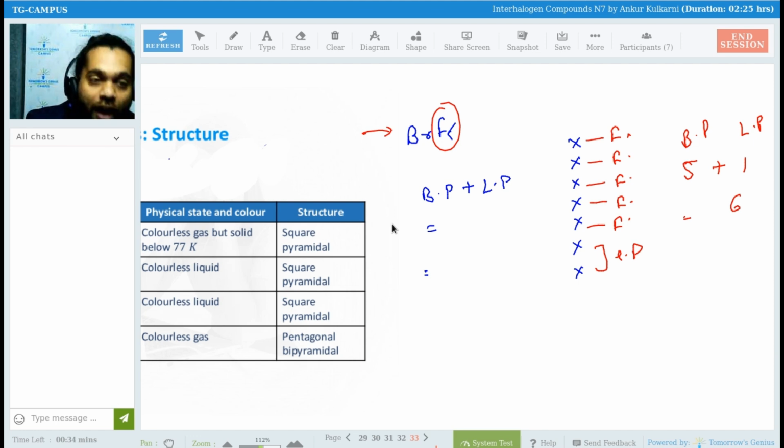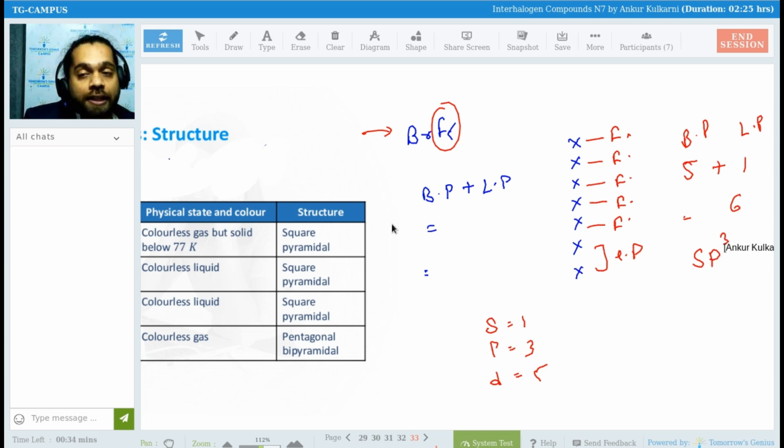Sajna, how is sp4 not possible? Understand this. S can be maximum 1, p there are maximum 3 orbitals, d there are maximum 5 orbitals. So it is s, p3, the number becomes 4 and 2 more, it is d2. Are you getting it, Sajna? Okay, sp3d2. And what is the geometry for sp3d2? Square pyramidal becomes shape, it is not a geometry.